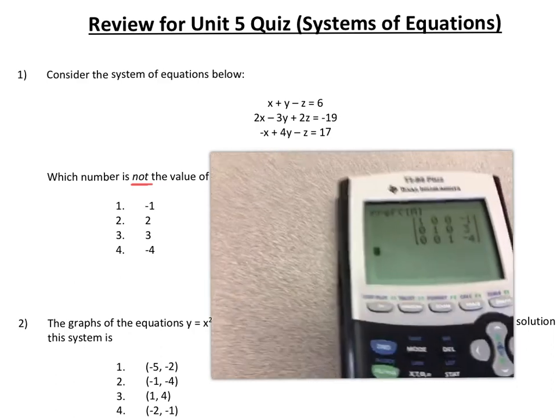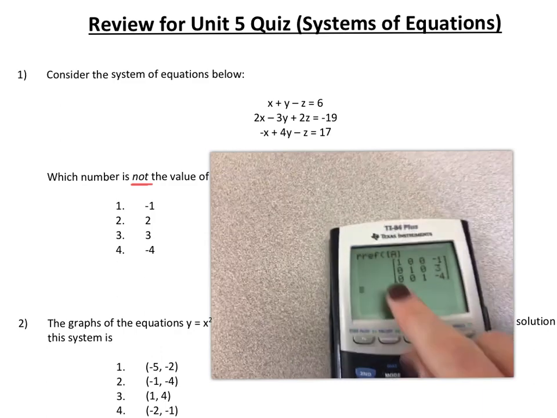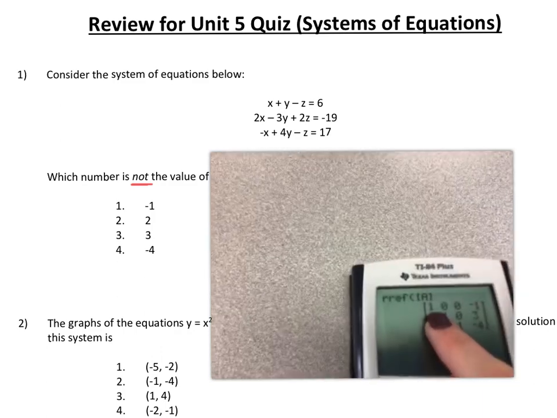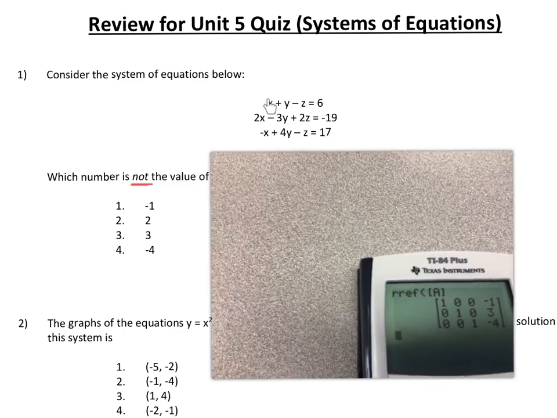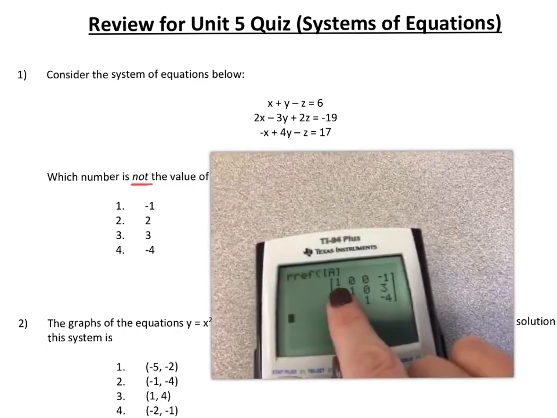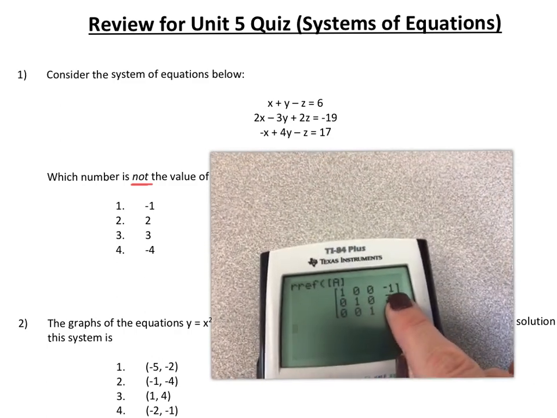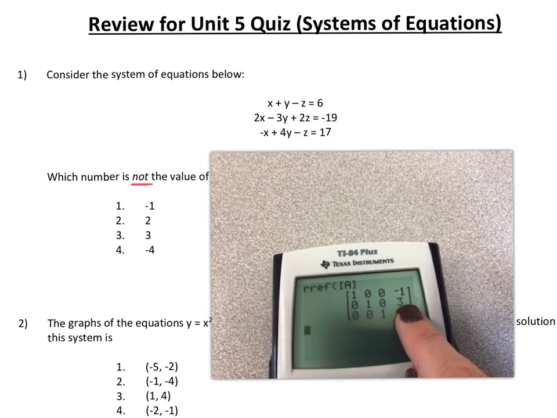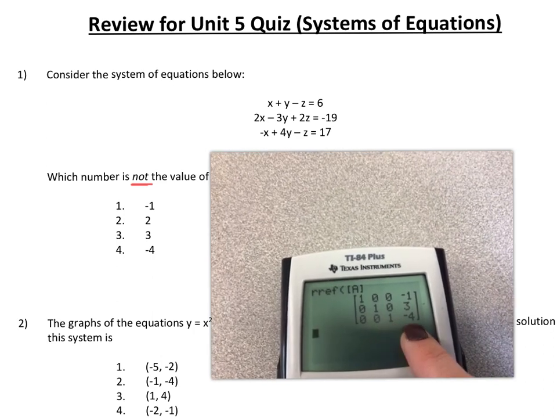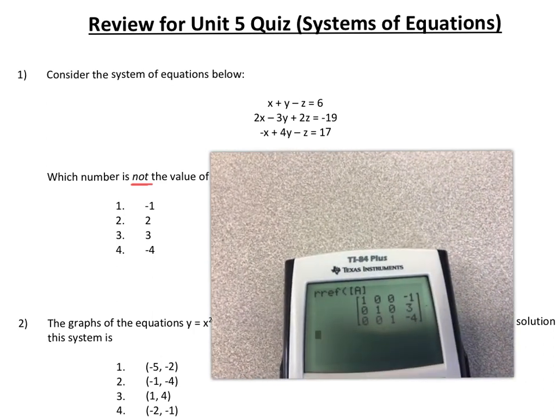Let me just explain what this means. See how the 1 is in the first spot, just like the x up here is in the first spot? So it's saying that x is equal to negative 1, y, since that's in the second spot, is equal to 3, and z, since that's in the third spot, is equal to negative 4.